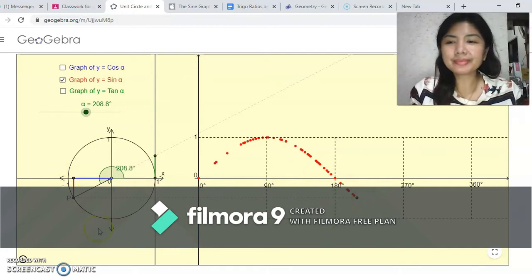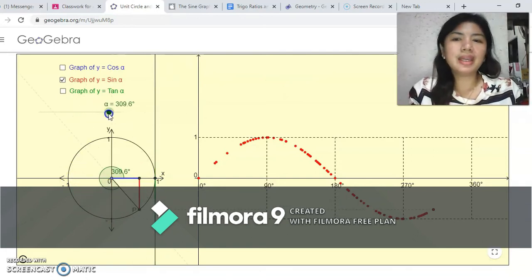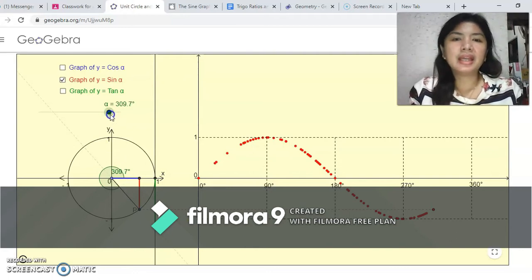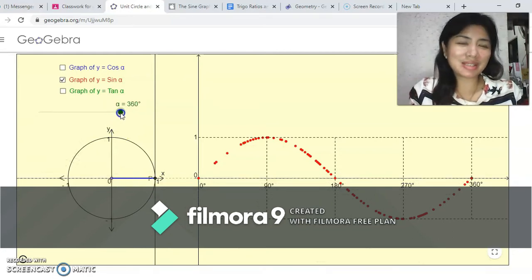And then let's now move to the fourth quadrant. So our y value is negative as well, but it's increasing again, going to the 360 degrees or the 0 degrees. So there you have it. This is a period of the sine graph.